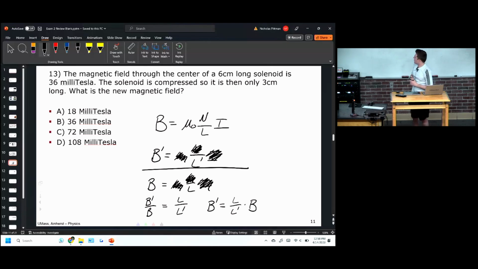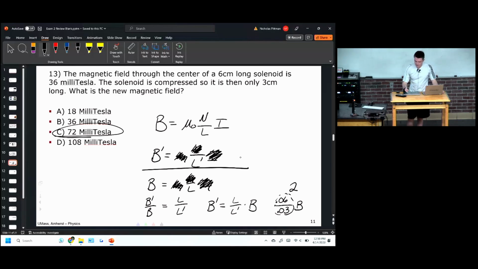L, the original length, is 6 centimeters, and the new length is 3 centimeters. This number is 2. So the new B field is twice the old B field. So you get 72 millitesla from doubling your original.